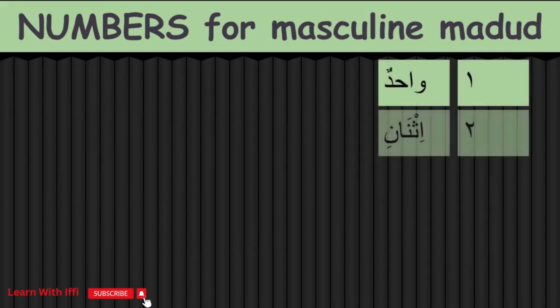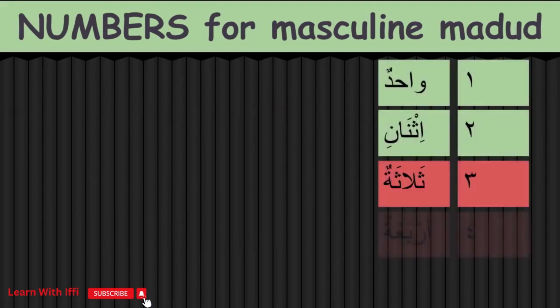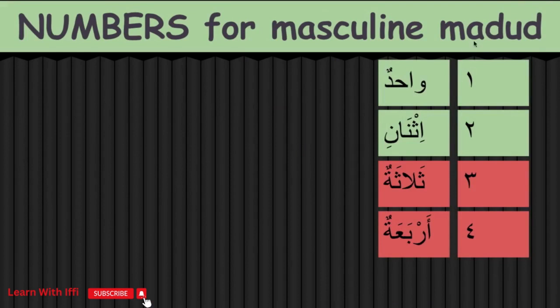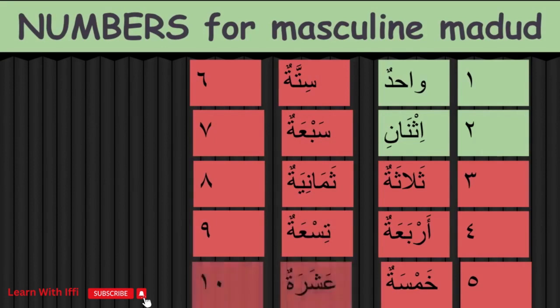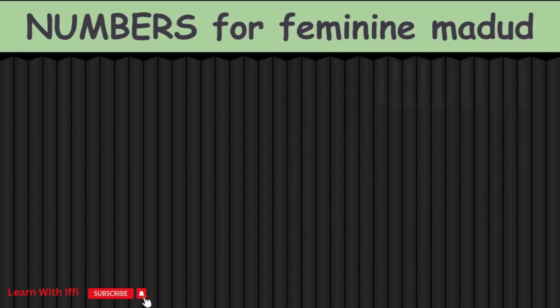Just to recollect: wahid, ithnan, thalatha. For the masculine ma'dud, we have feminine numbers with the ta marbuta: ثلاثة أربعة خمسة ستة سبعة ثمانية تسعة عشرة. These are the numbers we use for masculine nouns from 3 to 10, and 1 and 2, because they are na'at of the ma'dud, will have masculine numbers.